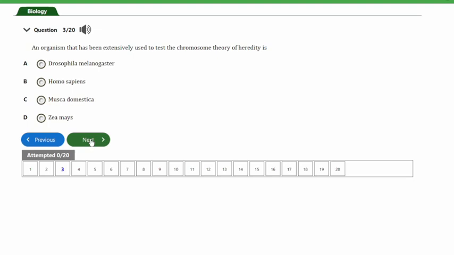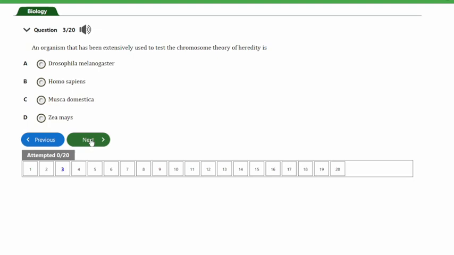The question says, an organism that has been extensively used to test the chromosome theory of hereditary is A. Drosophila melanogaster, B. Homo sapiens, C. Musca domestica, D. Zymase. The answer is option A, Drosophila melanogaster.